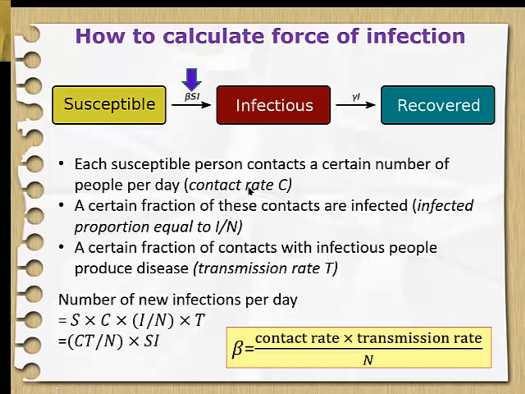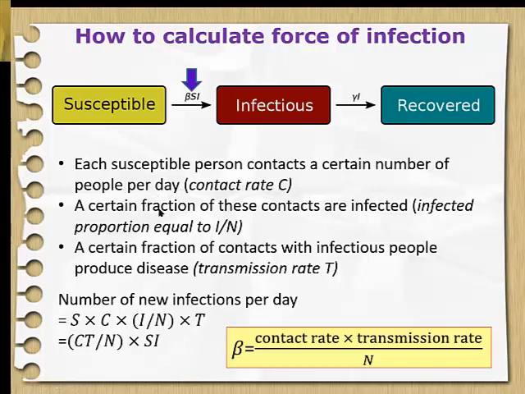So we call that the contact rate, C. Suppose on average one person contacts 10 people per day. Now contact means contact close enough to transmit the disease. So this is an average number. Of course, not every person will contact exactly 10 people, but all we need is an average number of contacts per day. So we call that the contact rate. I'm going to use C to denote this contact rate.